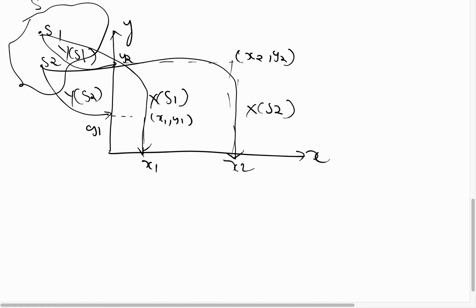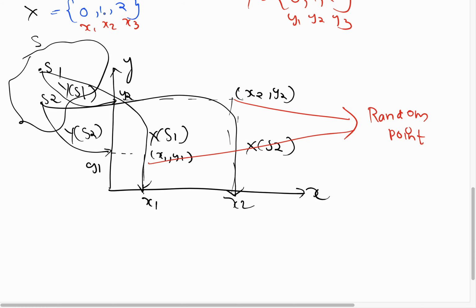So these two points, that is x1, y1 and x2, y2, are nothing but random points, right. Also, it's obvious, but it's very important to know that x takes values from minus infinity to infinity, and y also takes values from minus infinity to infinity.